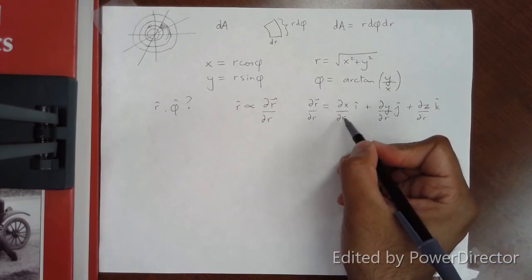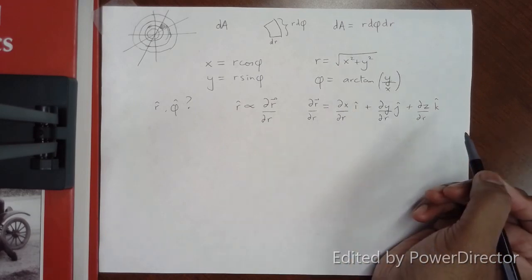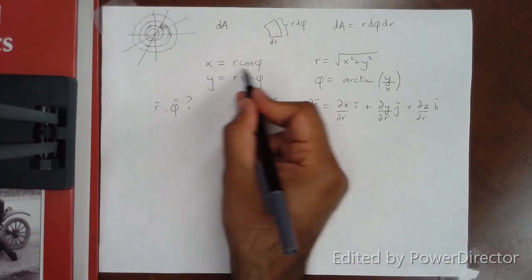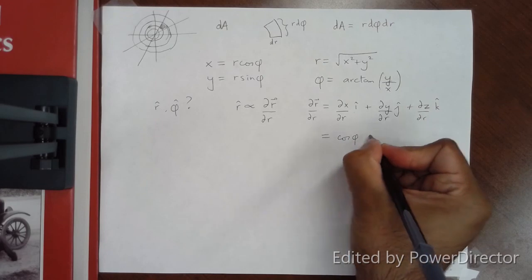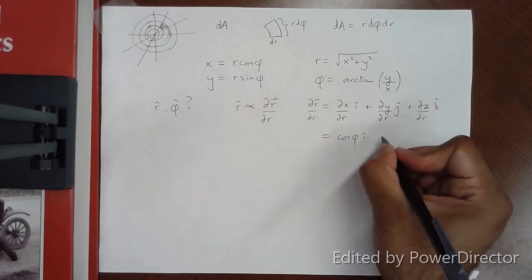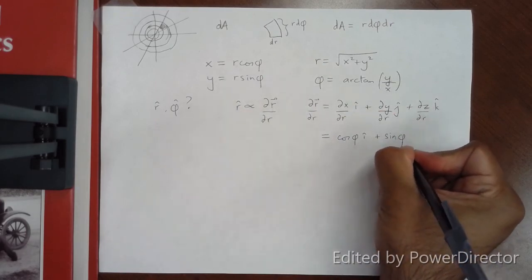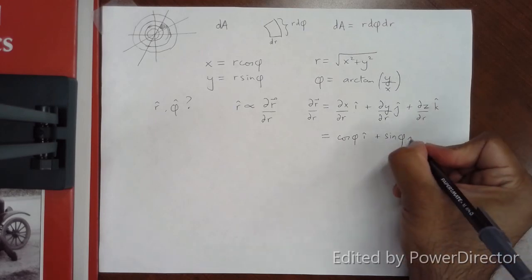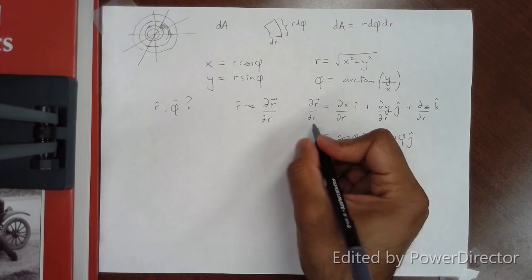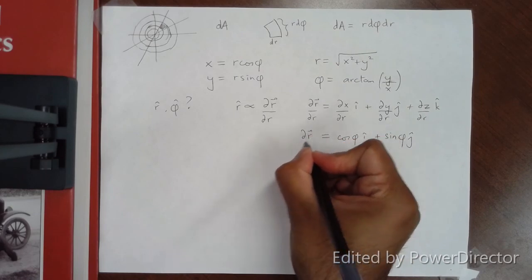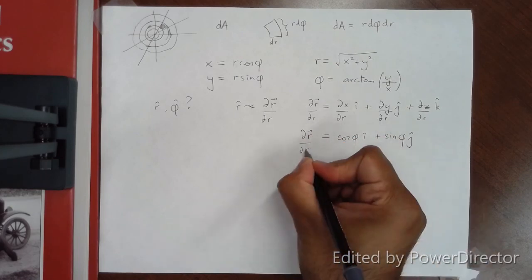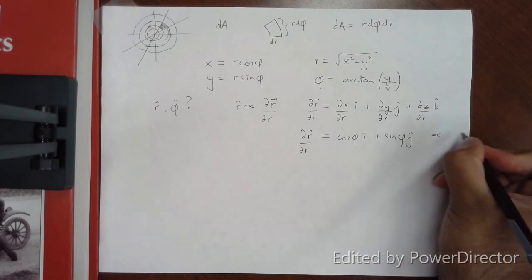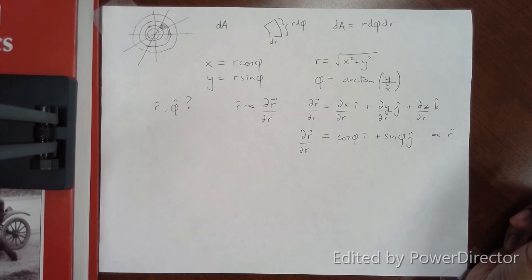All right, well, partial x, partial r is just cosine phi. Partial y, partial r is just sine phi. And in this case, there is no z coordinate. So we are left with cosine phi i hat plus sine phi j hat. And this will be proportional to the r hat vector.